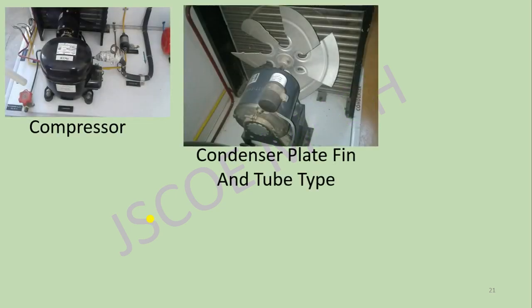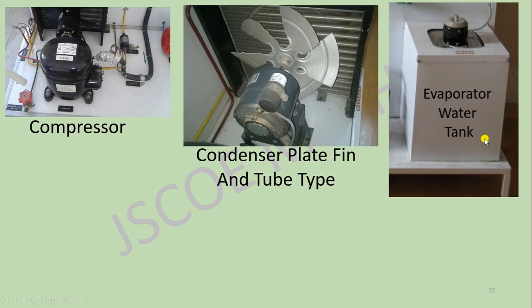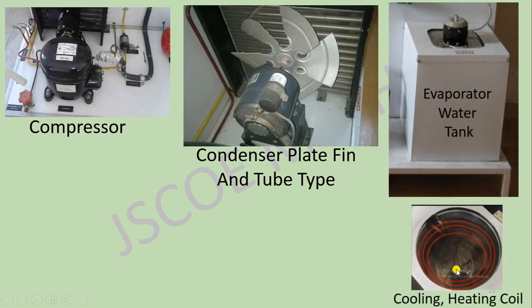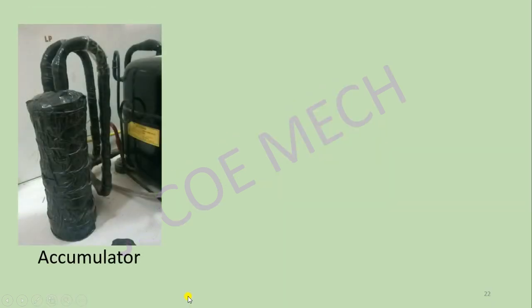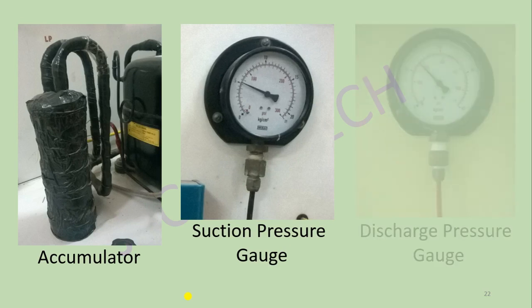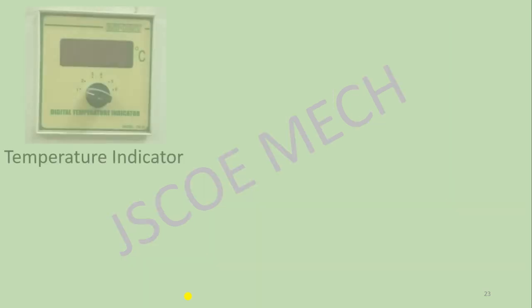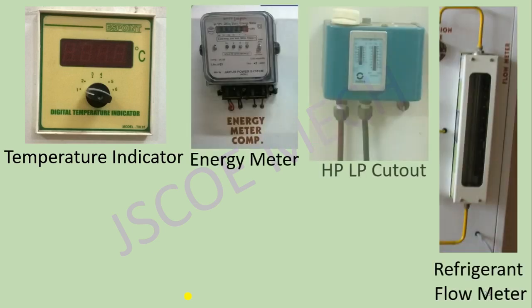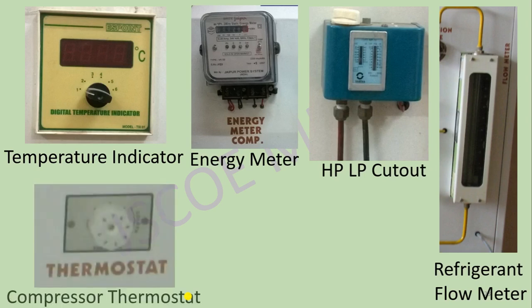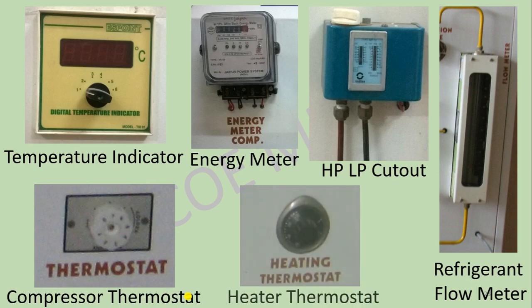This is a compressor, condenser of plate, fin and tube type with fan for force convection type heat transfer, evaporator water tank which contains heating and cooling coil where the cooling effect of the water is obtained, capillary tube, dryer, accumulator, suction pressure gauge, discharge pressure gauge, temperature indicator, energy meter, refrigerant flow meter, high pressure low pressure cutout, compressor thermostat and heater thermostat.